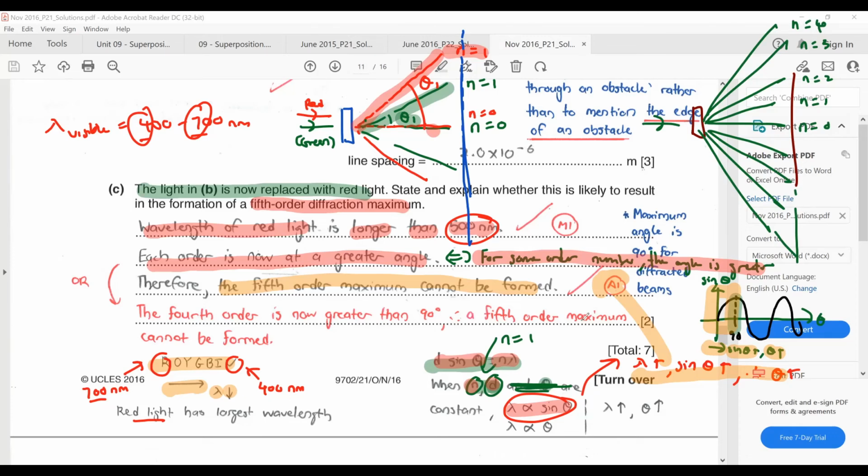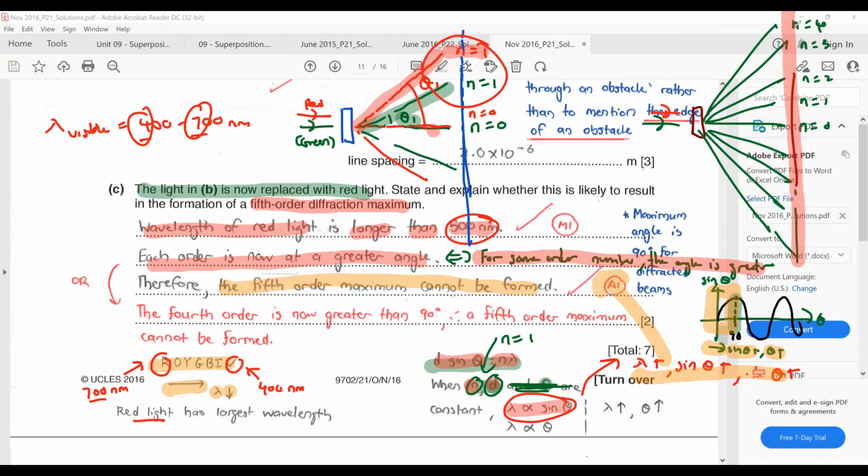So this is the maximum that you can really see on the screen. But then if, let's say, you replace it with red light, just now I mentioned to you that for the same order number, the angle will be greater.